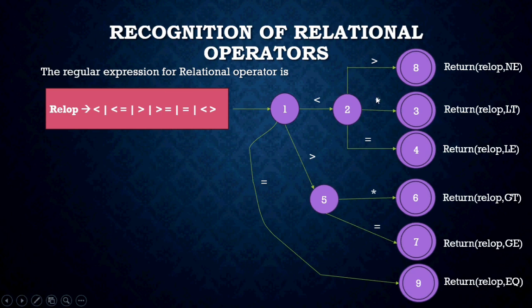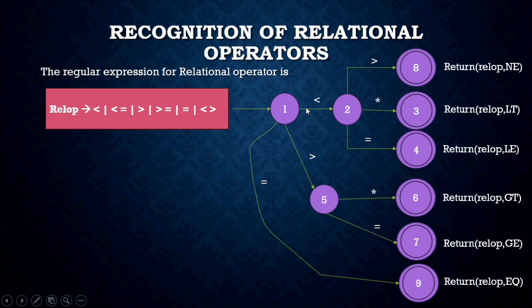A less than symbol on the left side and a greater than symbol on the right side result in not equal to. Now coming to the second one, when I apply the less than symbol, and it is not followed by any other symbol, then it goes to state number 3, and it is called the less than symbol. Now again, if the less than symbol is followed by an equal to, it goes to state number 4, and that is called less than or equal to.